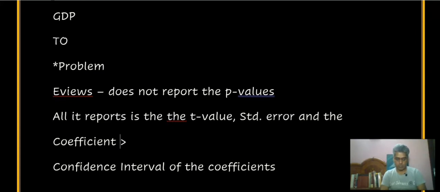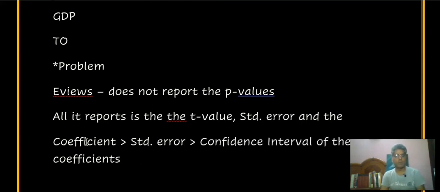So coefficient standard error gives the confidence interval of the coefficients. However, if we really want to make some decisions regarding whether the effect is significant or not, we need p-values, right?